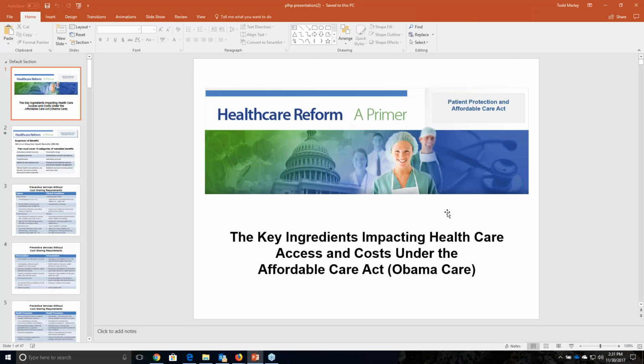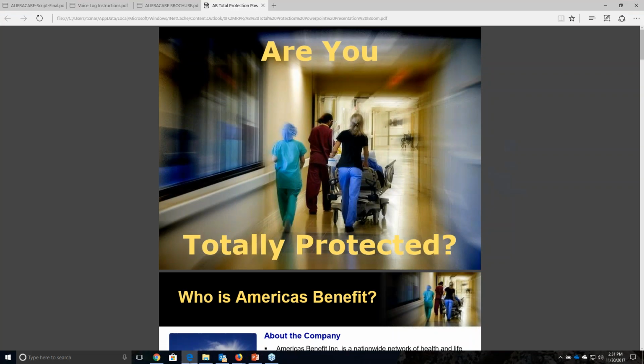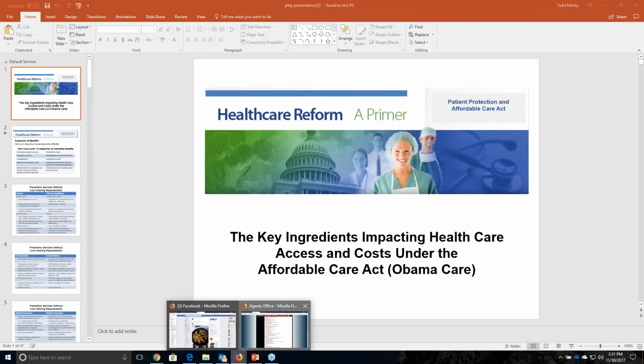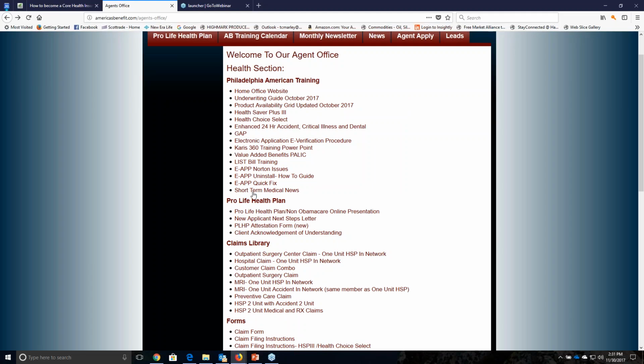Oh, there you are. Okay, they did not. They're going to have to go to the America's Benefit website and download it because the file is too large. So let's pull up that again and point that out right here. Go right to this and download that.